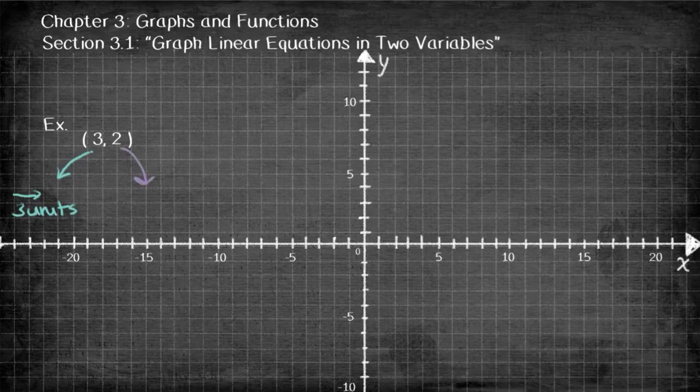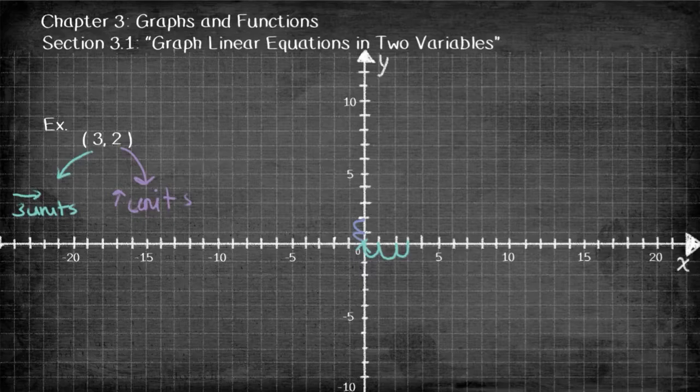And the 2 means that I am going up exactly 2 units. So to graph that, we're going to start at the origin. Then I'm going to go right 3 units. So I'm here. And I'm also going to go up 2 units from the origin.